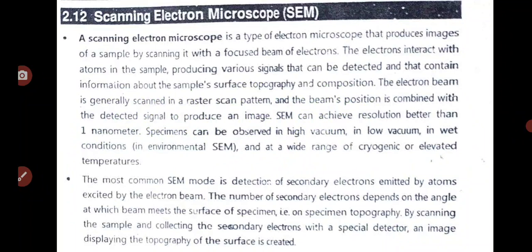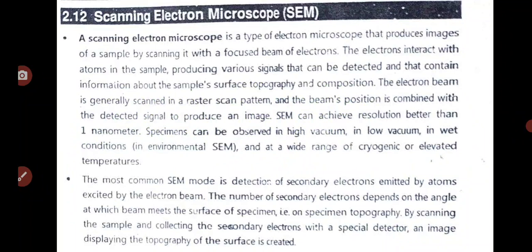The specimen is observed in two techniques available here: first is high vacuum, and second is low vacuum. The scanning electron microscope mode detects the secondary electrons.